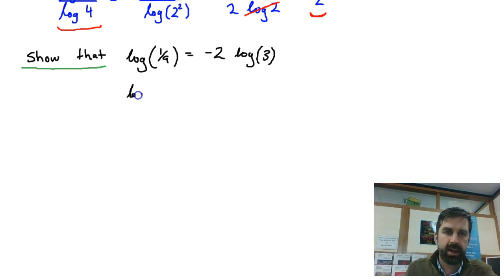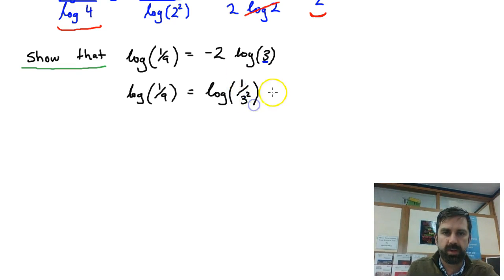So in this case, let's start with the left-hand side, so the log of 1 over 9. Now remember, if we have a look up here, what we're looking for is a 3. So we're going to try and write 1 over 9 with a 3 in it. So one way of writing that is 1 over 3 squared.